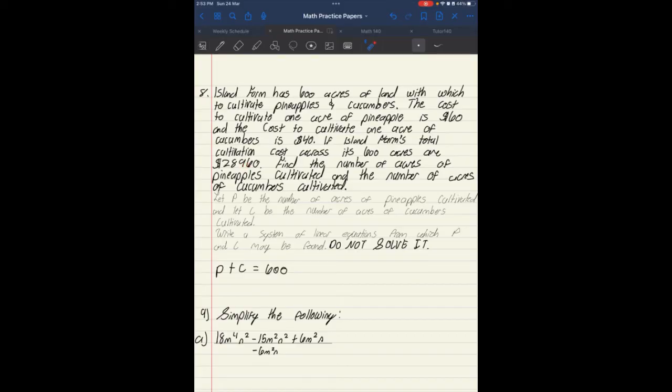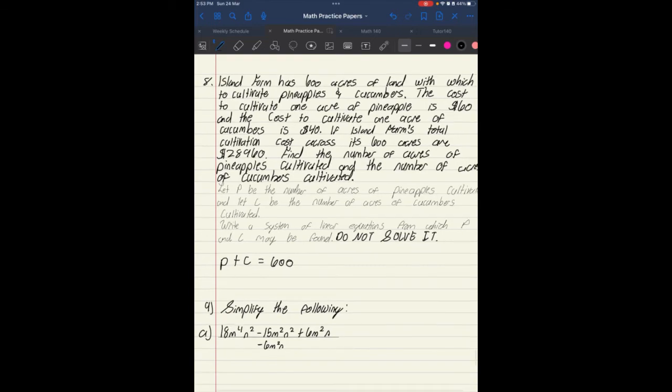So now we could write our second equation, which is 60P, because P is the number of pineapples. We don't know the certain number that they use to cultivate it, so we have to write in the variable, plus cucumbers is 40, so 40C is equal to 28,960. So like I said, we don't know the number of pineapples and cucumbers that they cultivated, but we know that the price to cultivate all of these was 28,960.